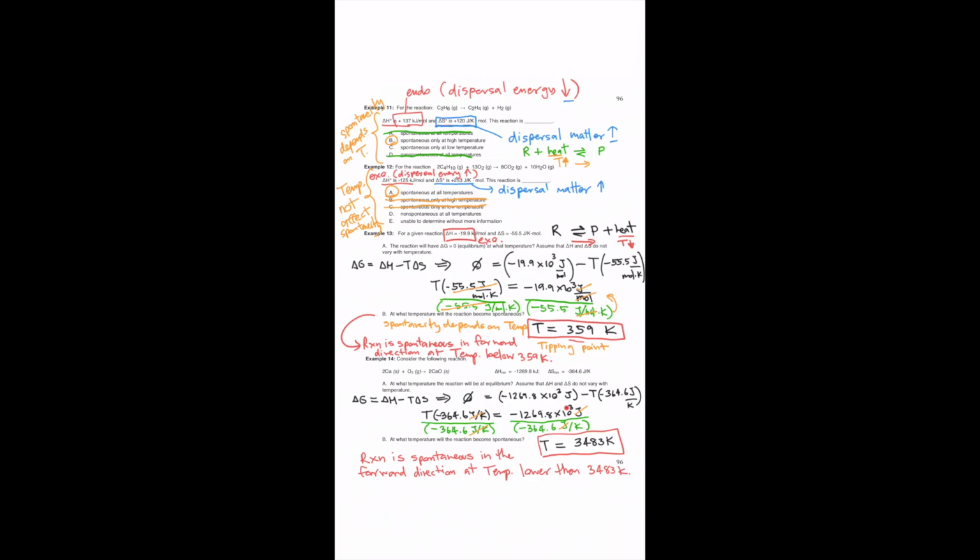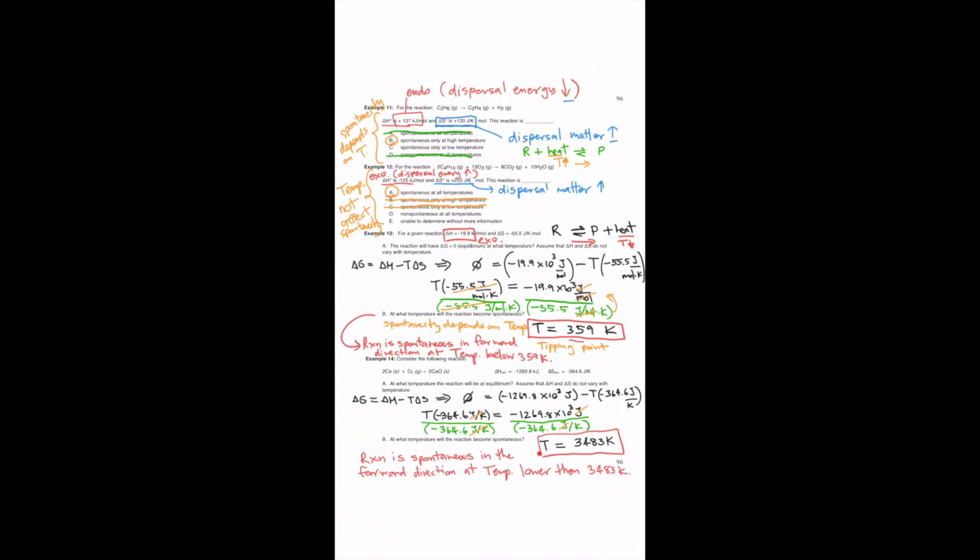Then plug in delta H in joule. Don't forget to convert kilojoule to joule. And then negative T delta S. Then you are going to move this term to the other side and divide by the negative 364.6 joule per Kelvin, which is the value of delta S. Then you are going to get T to be a positive value.